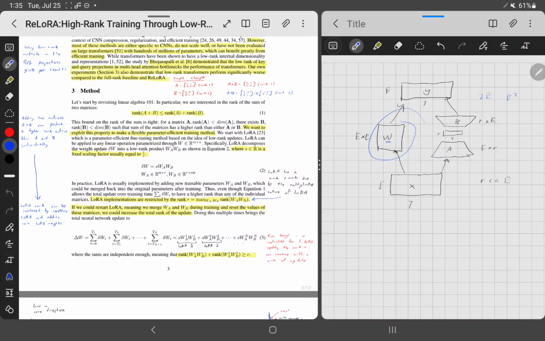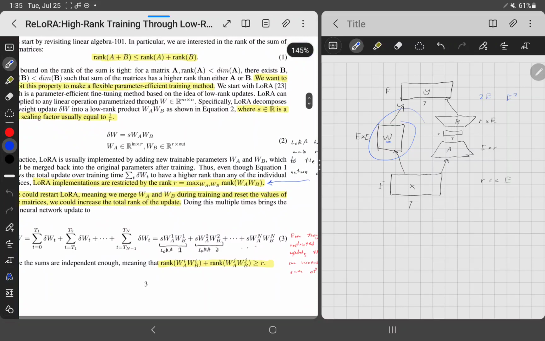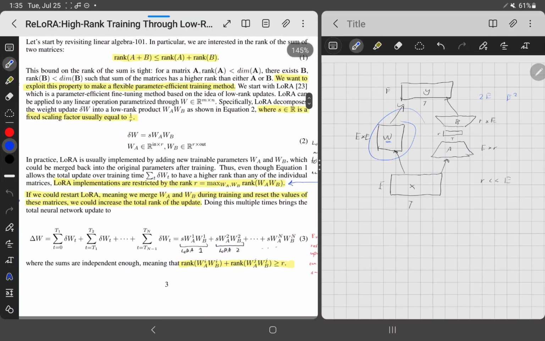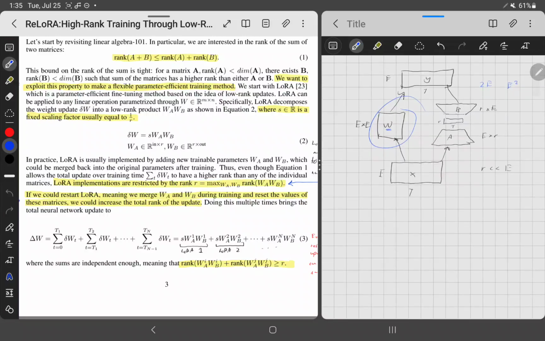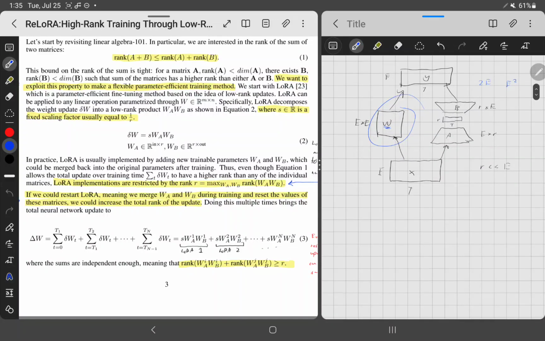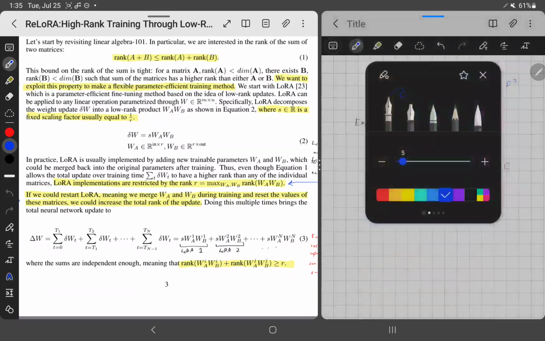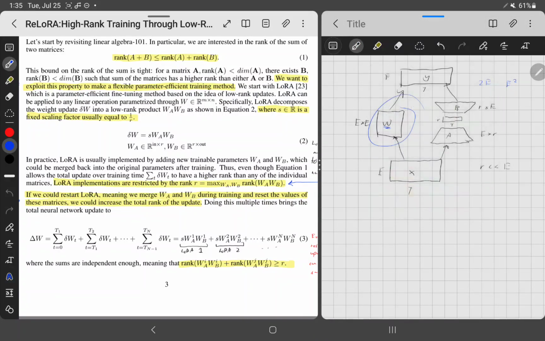So it's a big difference, and you can change this up by changing R. Whenever you train them, you can then recombine them into W, and you do that by the equation.